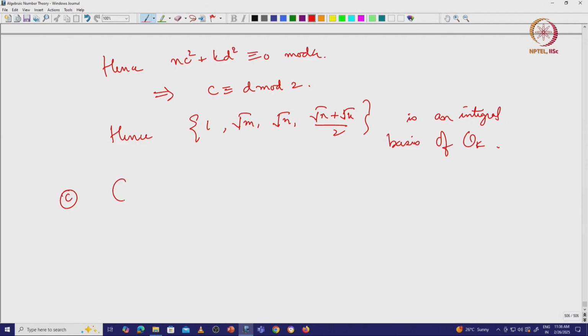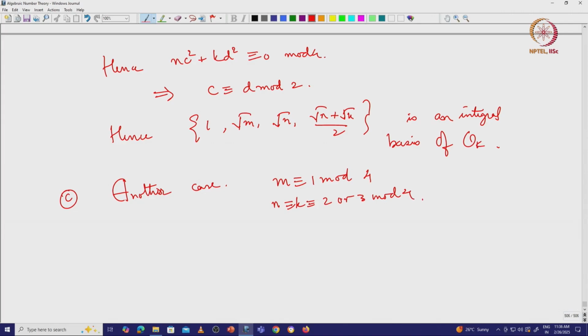So, another case, which is m congruent to 1 mod 4 and n congruent to k congruent to 2 or 3 mod 4, right. Okay.